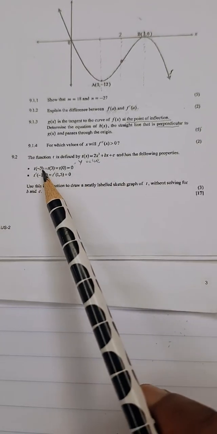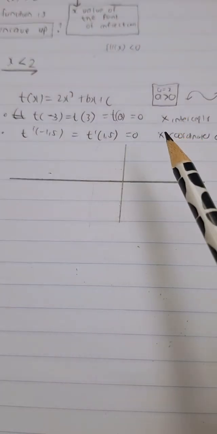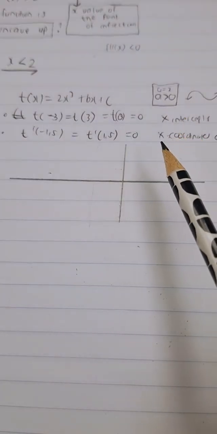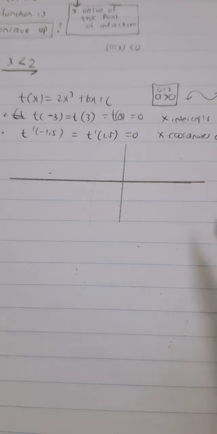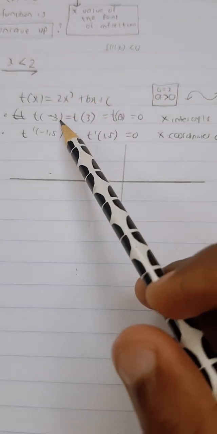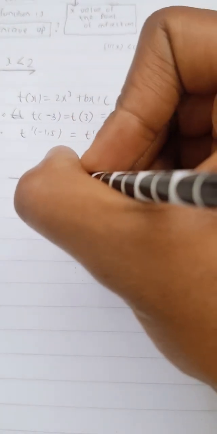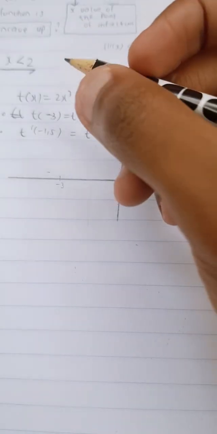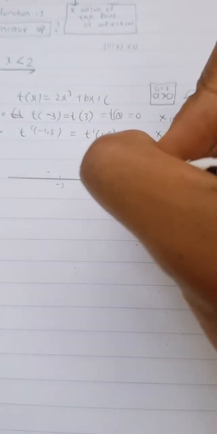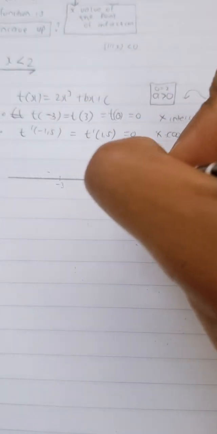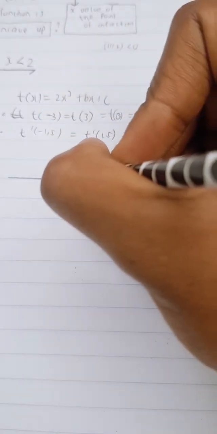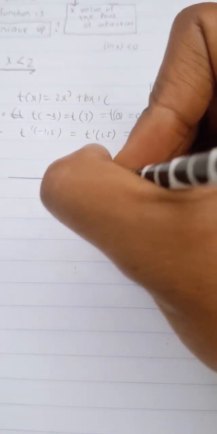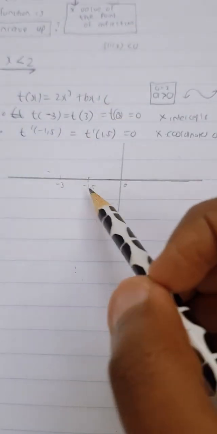We are just going to be as rough as feasible. So let's look at -3. -3 is here. 0 is here. We have -1,5, which is like midway.